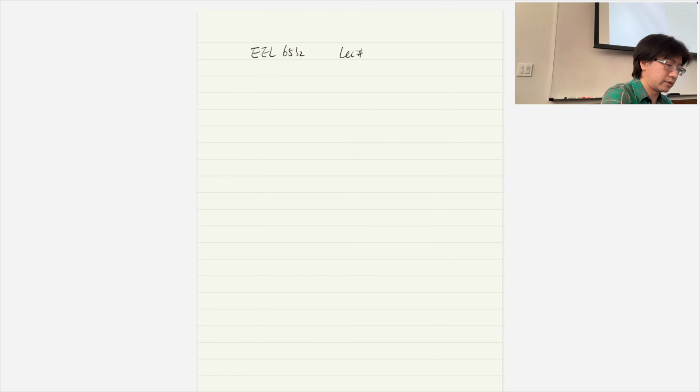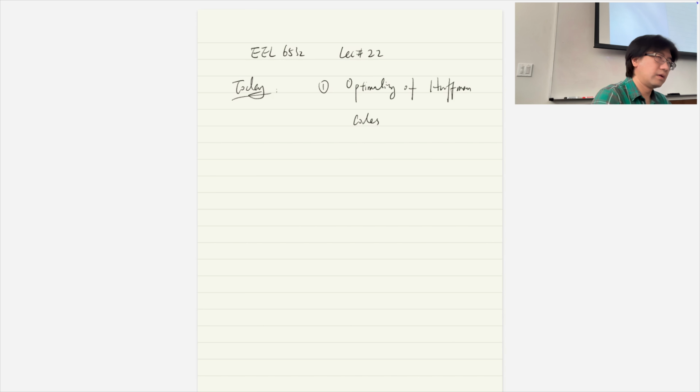Today is our lecture number 22. Today we're going to finish talking about the optimality of a Huffman code. Then we're going to talk about a new code, which is a more modern code.